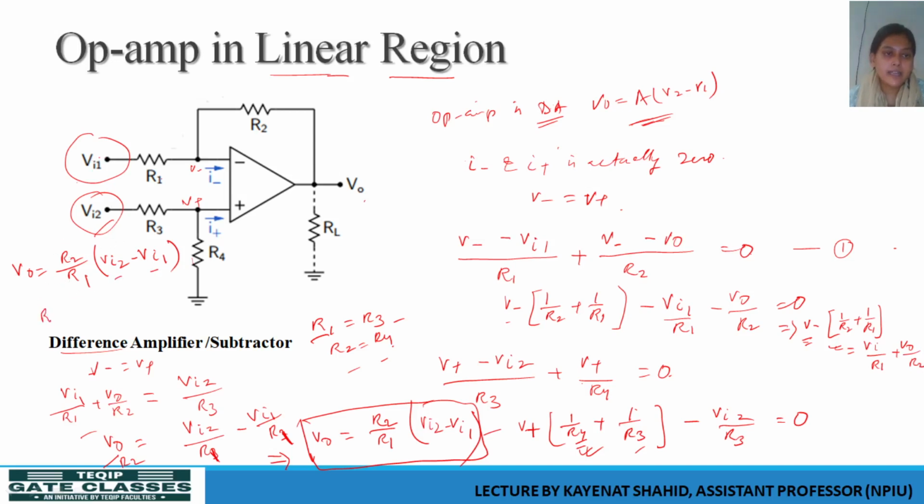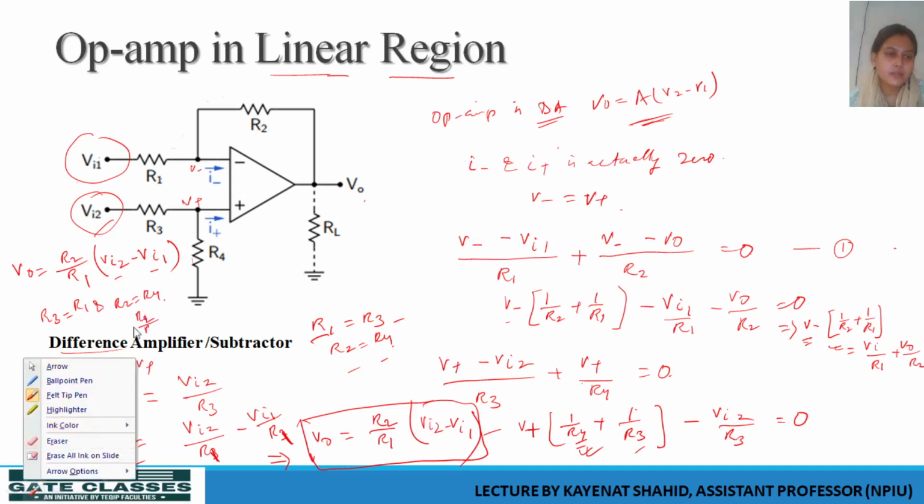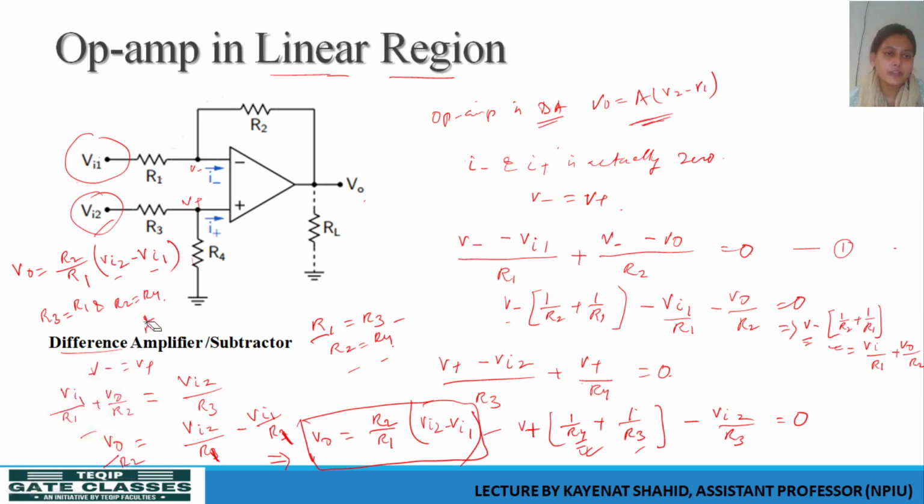We are saying that R3 is equal to R1 and R4 is equal to R2, or we can say the ratios R2 by R1 and R4 by R3 will be equal.